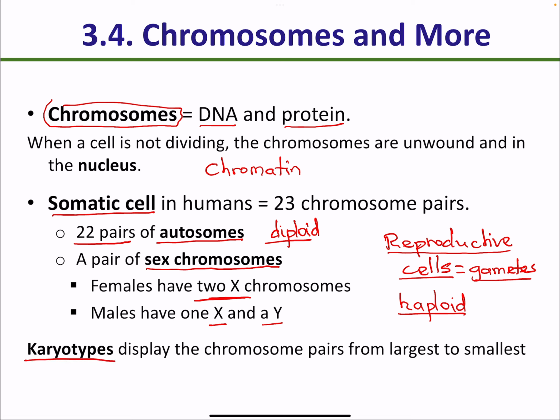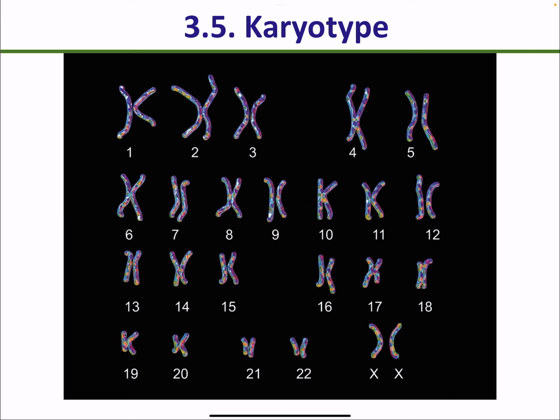With that said, when we analyze the chromosomes in somatic cells, we can develop a map that we call a karyotype that is going to display the chromosomes by pair, right? So here we have a karyotype of a female. How do we know this is the karyotype of a female? Because we have an X and an X here.